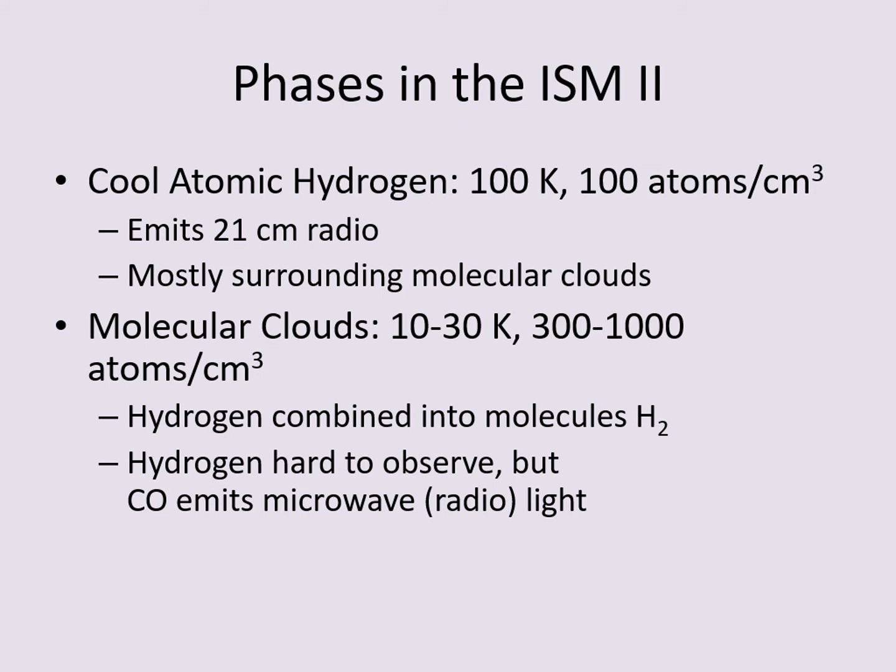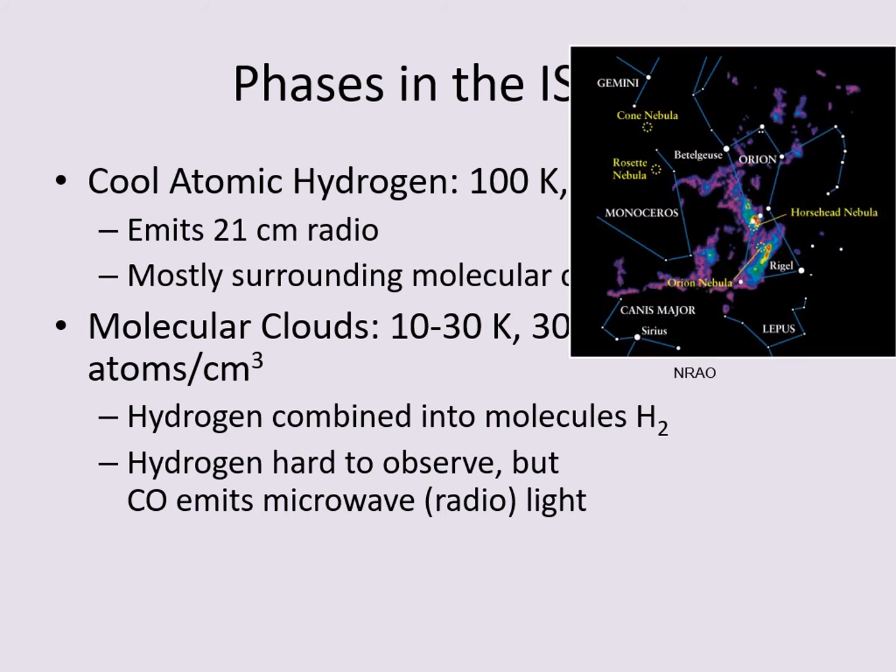However, wherever we find molecular hydrogen, we also find other molecules, and some of these are better emitters than hydrogen. The most important one, carbon monoxide, is made of a carbon atom bound to an oxygen atom. Carbon monoxide and similar molecules emit light in the shortest part of the radio spectrum, known as microwaves.